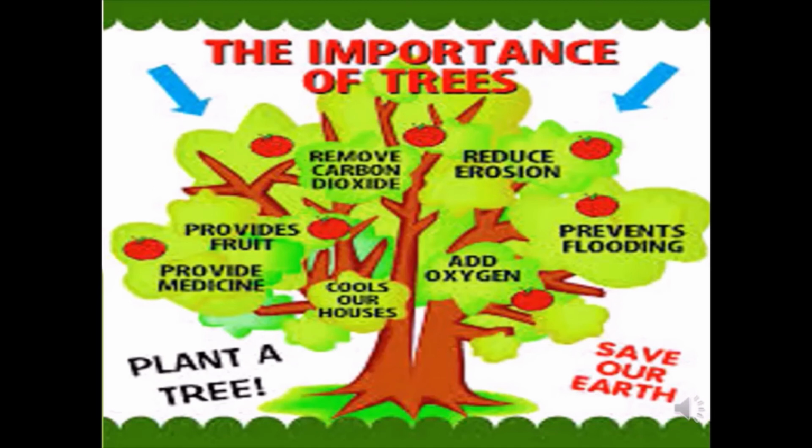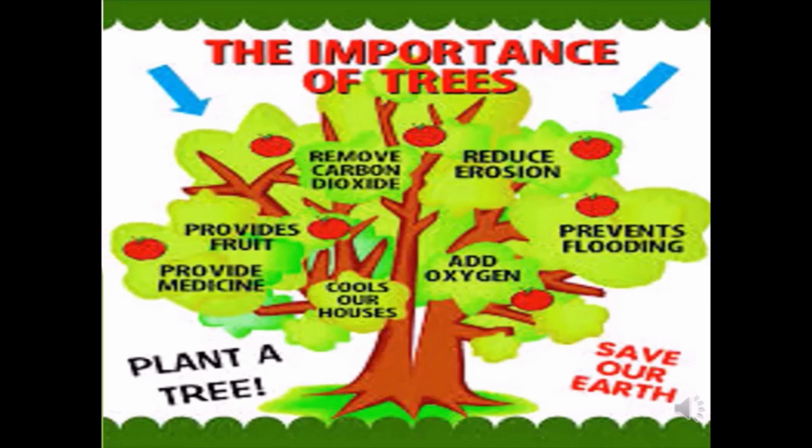During respiration, carbon dioxide is released by the living organisms, and that carbon dioxide is used by the plants for making food. They provide food and a lot of medicine and give a cooling effect to us. So we need to plant trees and save our heart.